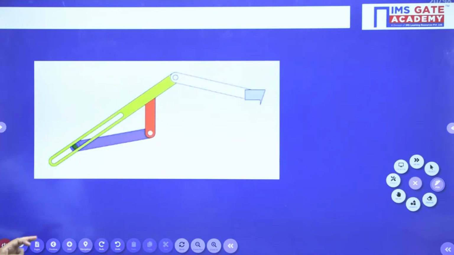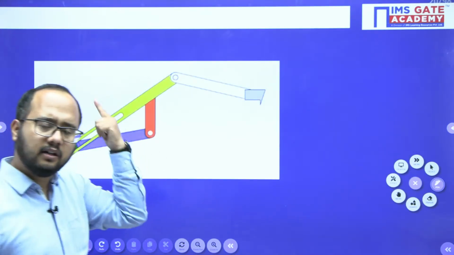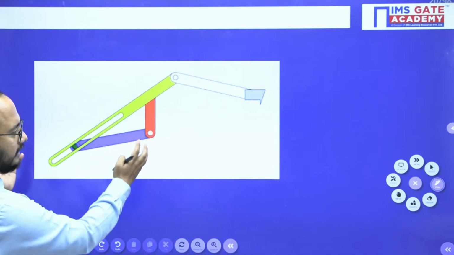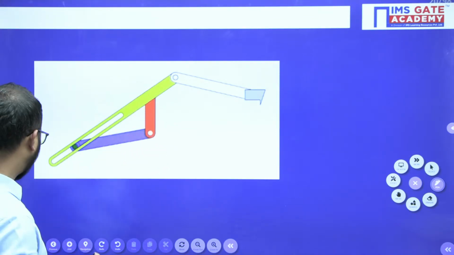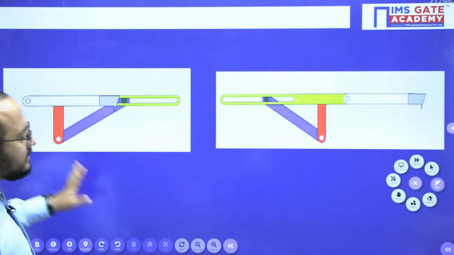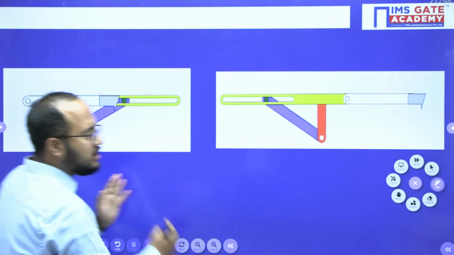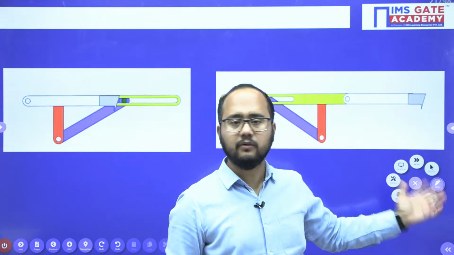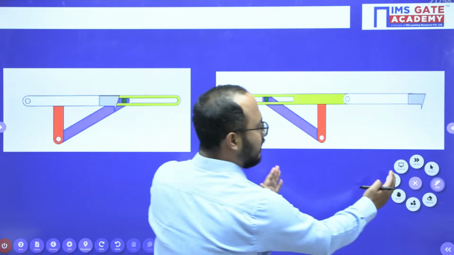Now next, see, this kind of mechanism you will see obviously in the GATE booster, and in the previous session also we have discussed the animation. From that only I have taken the snapshot here. Now these are the two extreme cases. This is the case before the cutting operation, this is the case just after the cutting has ended. So beginning of the cutting operation, end of the cutting operation.